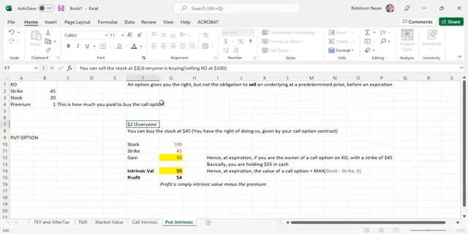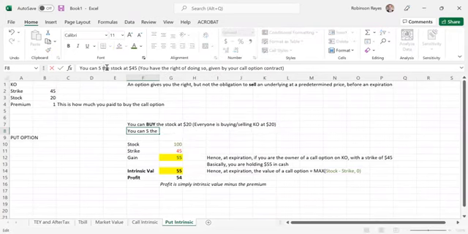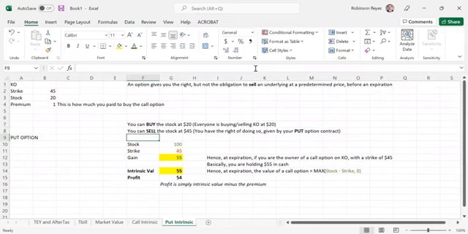So you can buy the stock at 20, because everyone is buying or selling at 20, and then you can sell the stock at 45 because you have the right of doing so given your put option contract.